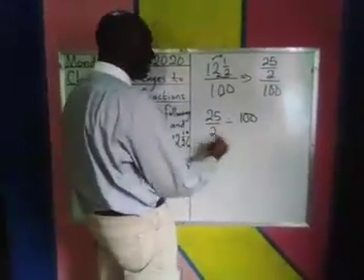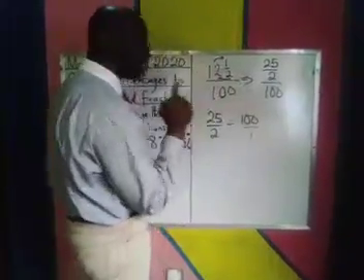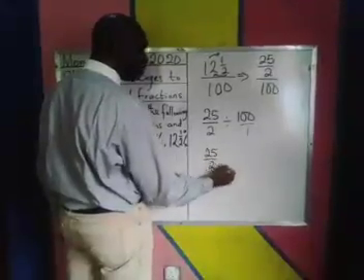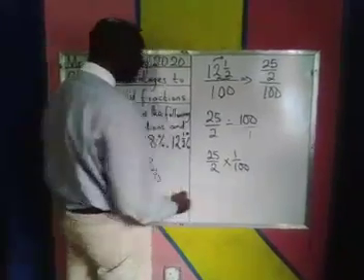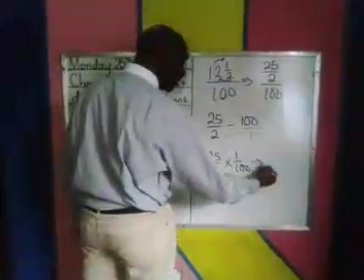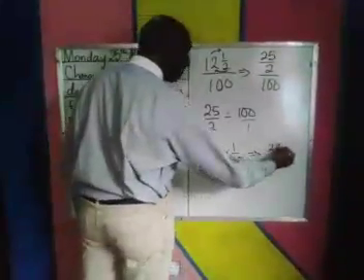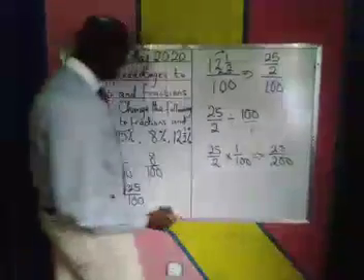This 100 is over 1. And remember the trick. This simply means 25 over 2 times 1 over 100. Where does this lead us? It means we have 25 over 200.